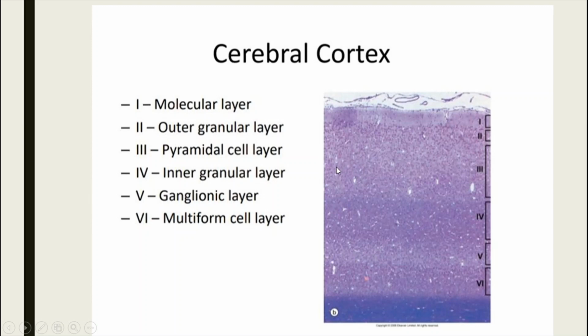Then the inner granular layer, then the inner ganglionic layer, then the multiform layer. These are the layers which can be seen: molecular, outer granular, pyramidal cell layer, inner granular, ganglionic cell layer, and multiform layer. I will tell you what is present in these layers.